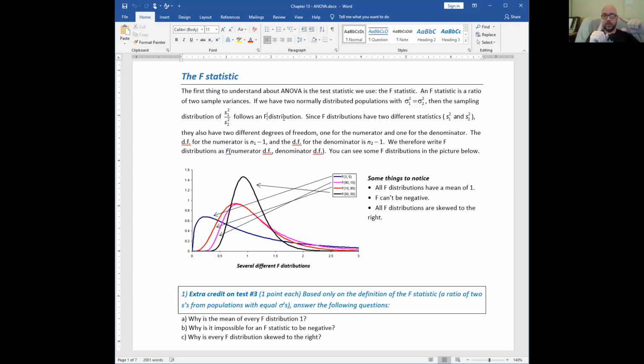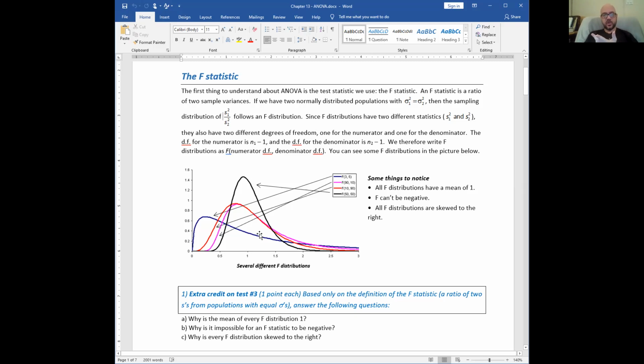So there are samples from each of two populations, and you get different degrees of freedom from each. They're both n minus 1. So however big the sample was from your first population, it's n1 minus 1 degrees of freedom there. Same thing for the denominator, n2 minus 1 degrees of freedom there.